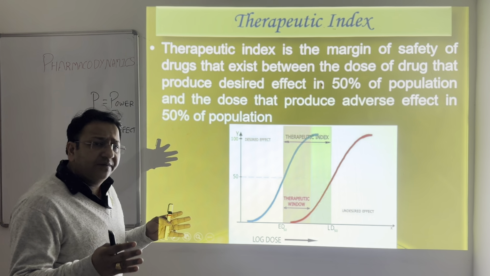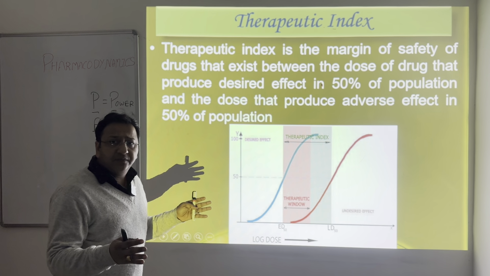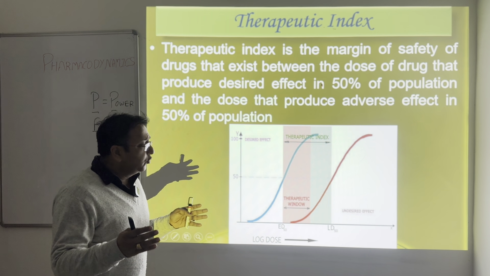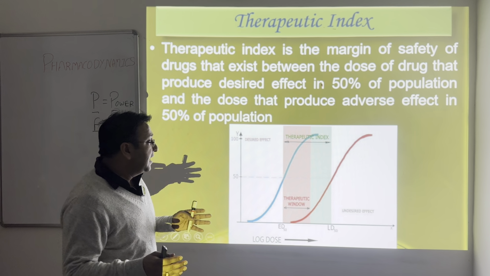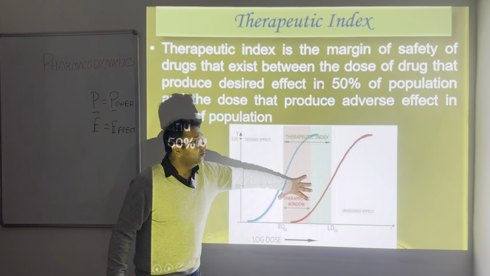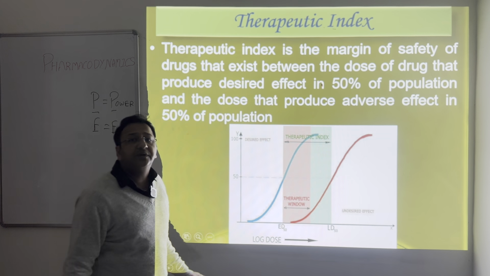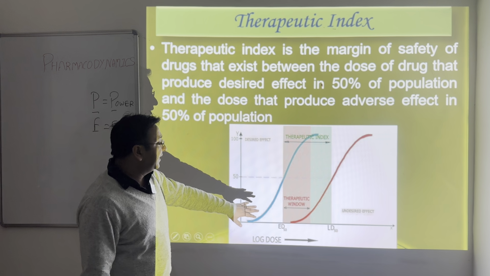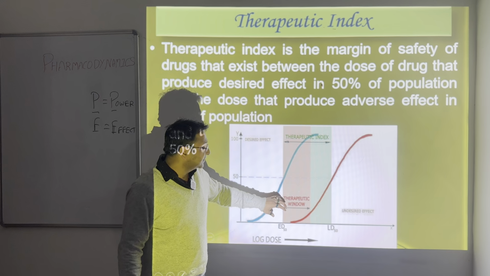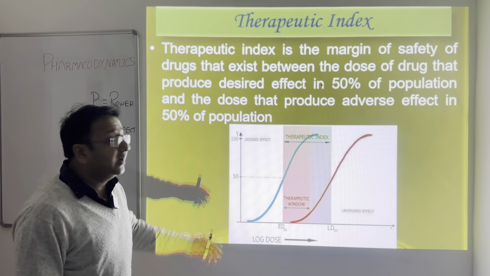So if the therapeutic index is wider, then the drug will be more safe, because you can increase the dose of the drug if there is a wider therapeutic index. अगर therapeutic index कम हुआ, तो slight increase अगर आप dose करेंगे, तो it will increase the chances of adverse effect also.